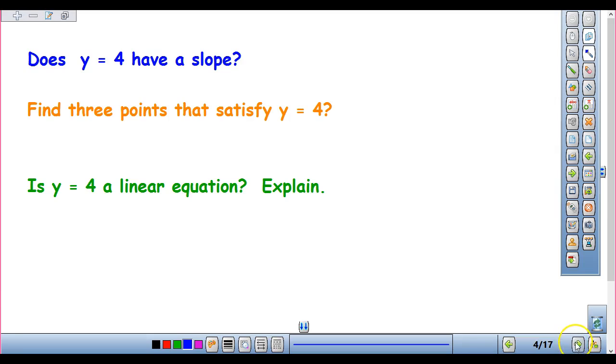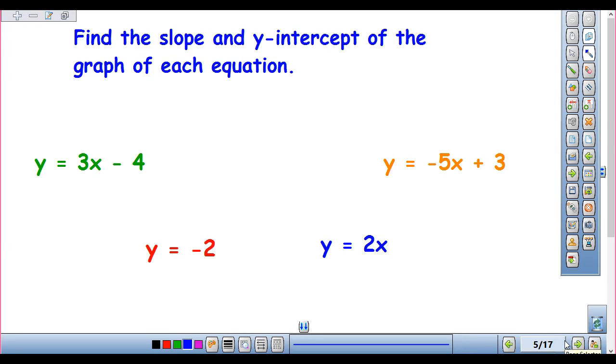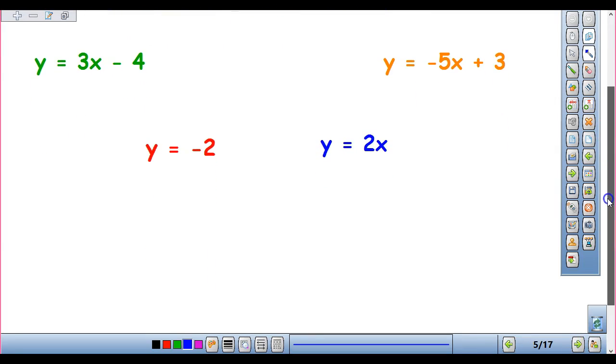All right, so jump to the bottom of that next page. So they gave us an equation, y equals 3x minus 4. They want to know what's my slope, what's my y-intercept. Now, you can abbreviate, but do not abbreviate s and y.